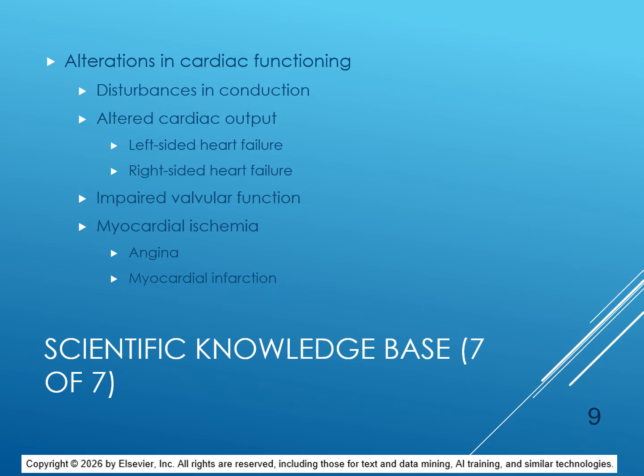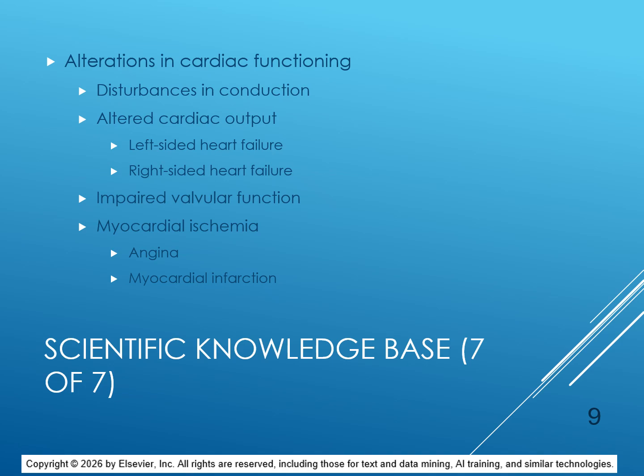Now, impaired valvular function. So valvular heart disease is an acquired or congenital disorder of a cardiac valve that causes either hardening, and we call that stenosis, or impaired closure, regurgitation of the valves. So that means we're going to have a decrease in cardiac output.